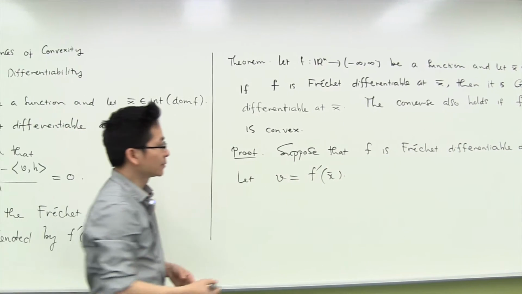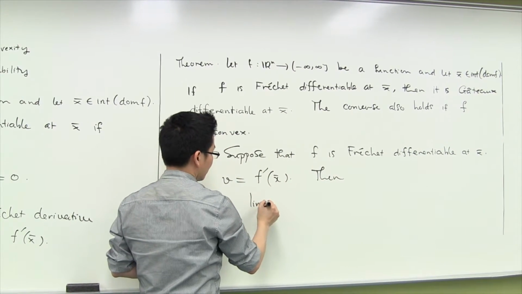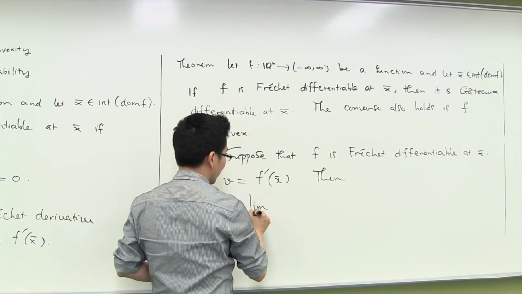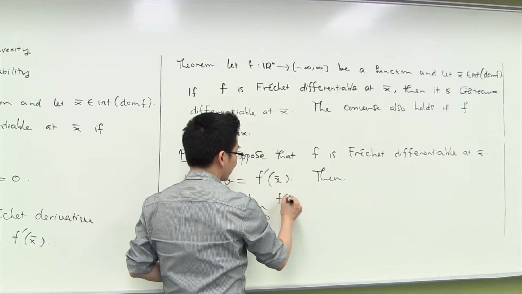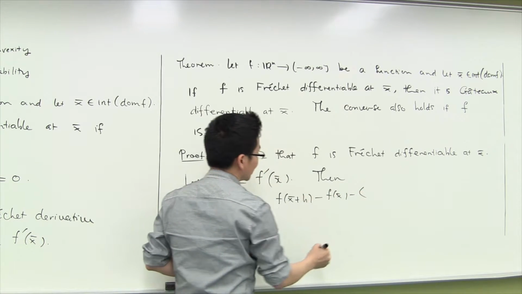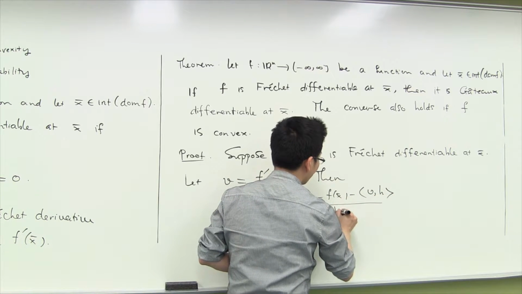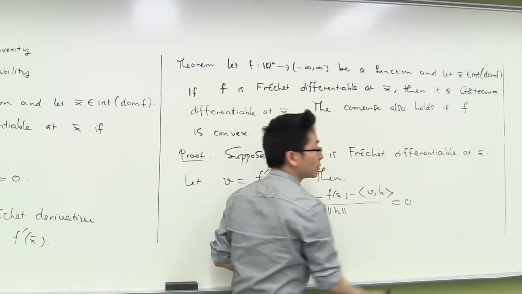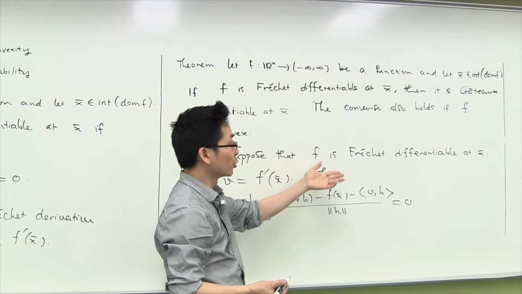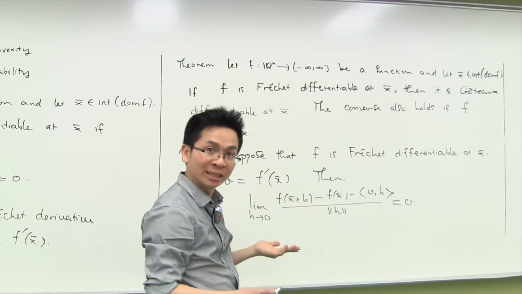By the definition, the limit as h approaches 0 of f of x bar plus h minus f of x bar minus the inner product of v and h over the norm of h is equal to 0. Okay? Let us now show that f is Gateaux differentiable at x bar with the same Gateaux derivative v.